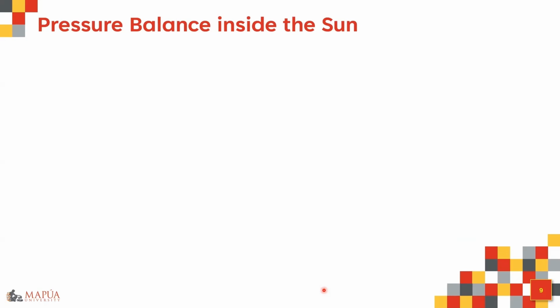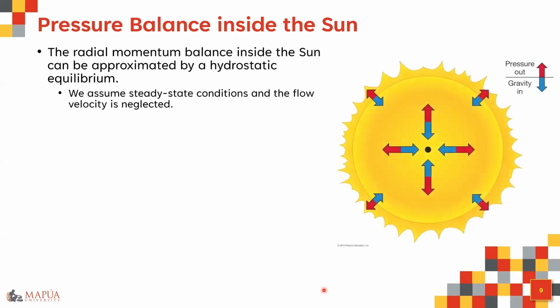So what does it mean? It means that the pressure that is generated inside the sun, that is directed going out, is actually balanced by the gravity. Okay? If this happens, the radial momentum, the momentum equation will approximate the hydrostatic equilibrium.